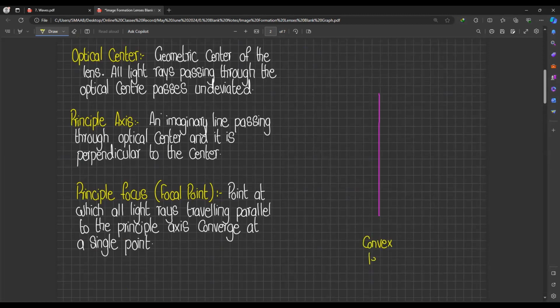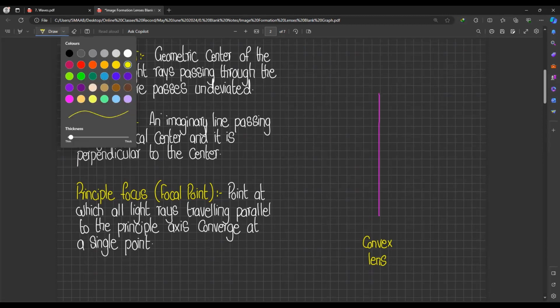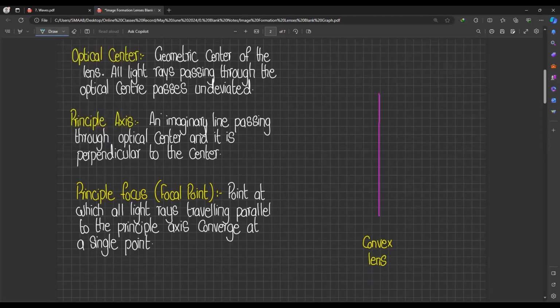So this straight line represents our convex lens, because now you understand the difference between concave and convex. When we draw a straight line and write the name of the lens, you automatically understand whether light rays are going to converge or diverge.